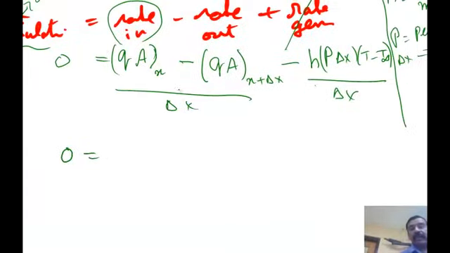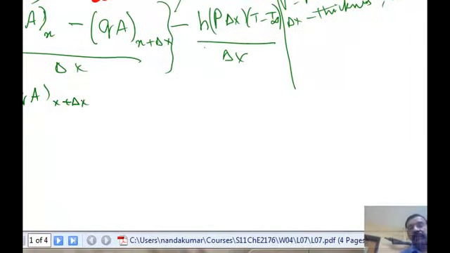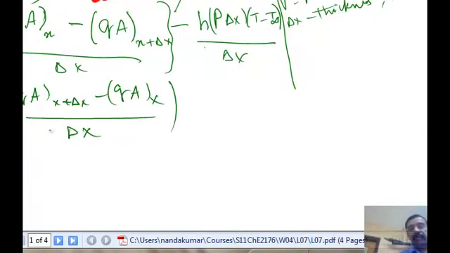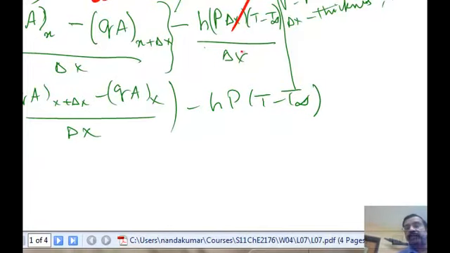The right hand side, I'm going to write as minus QA at X plus delta X minus QA at X. I'm just reversing the direction, and minus the delta X here will cancel, so I'll get HP times T minus T infinity. So the delta X cancels out there because I'm dividing every term in the equation by delta X.